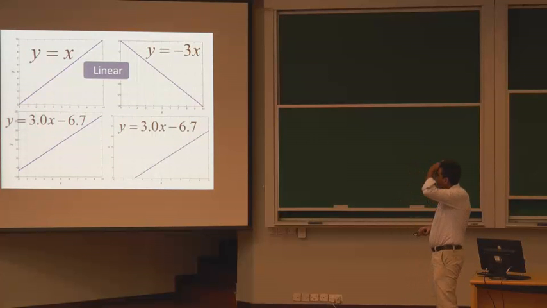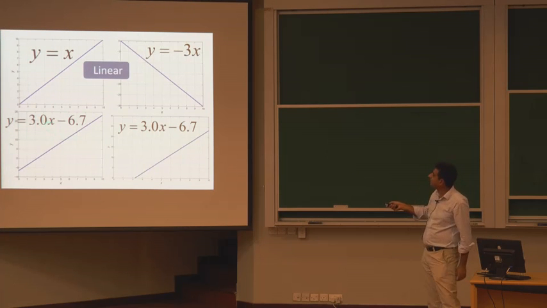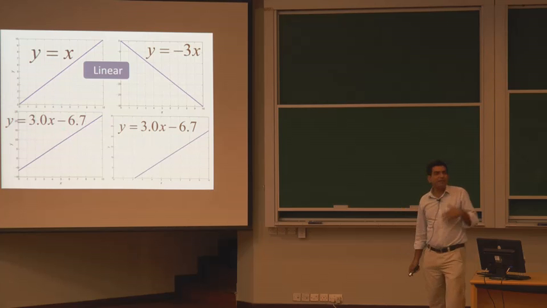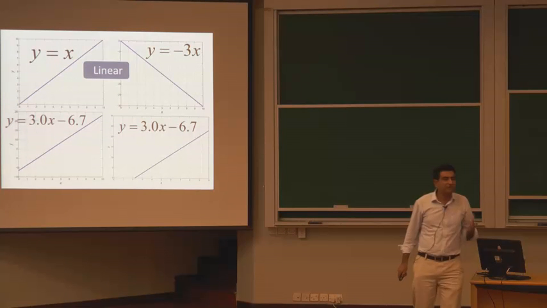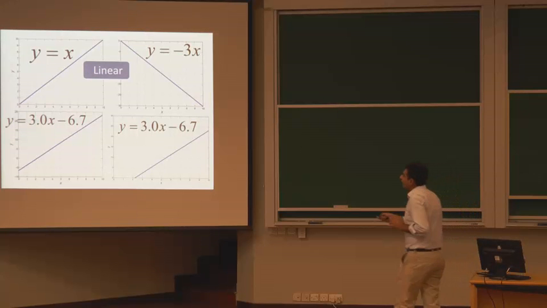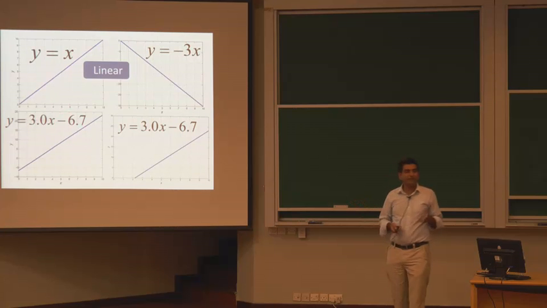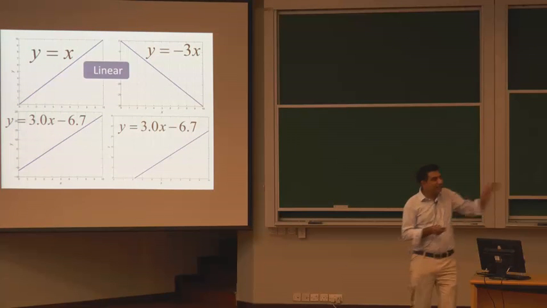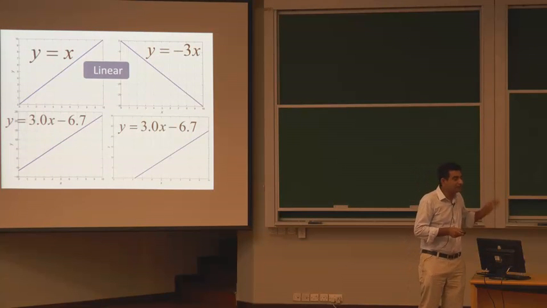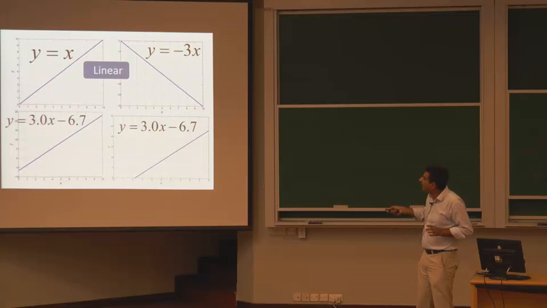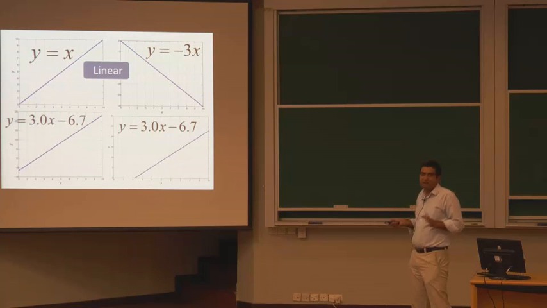And notice something very interesting here. Okay, a little reveal. When I write 3.0x minus 6.7, I'm being very careful. I'm acting like a mathematician or a purist here. I could have easily written 3x minus 6.7, but I'm respecting that this intercept is given to two significant figures, one position after the decimal. So I would like to write some digit after the decimal.